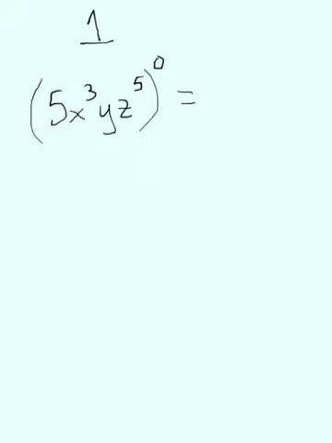It's the easiest one. I don't know why you mess it up. So let's look at it. 5x to the third, y, z to the 5, all that to the 0. 1. Anything to the 0 is 1.